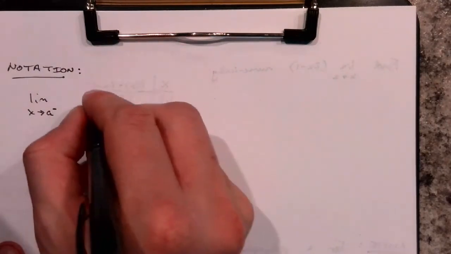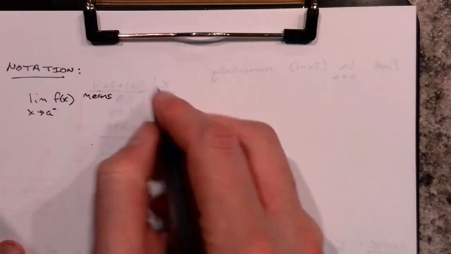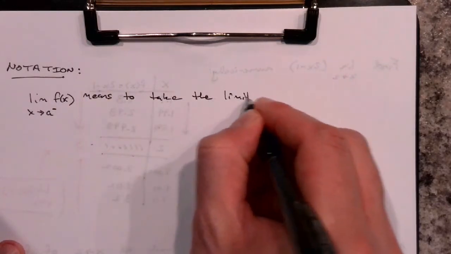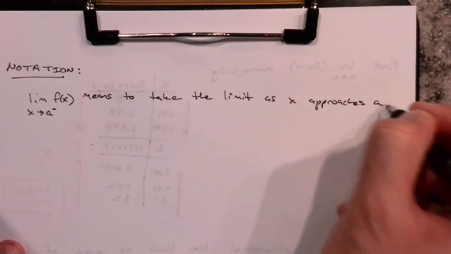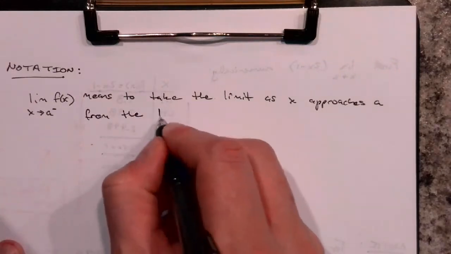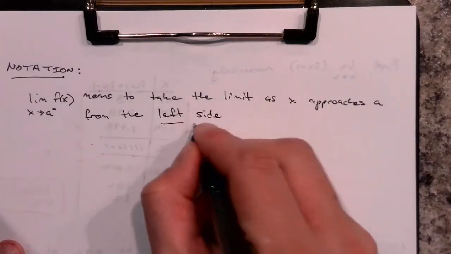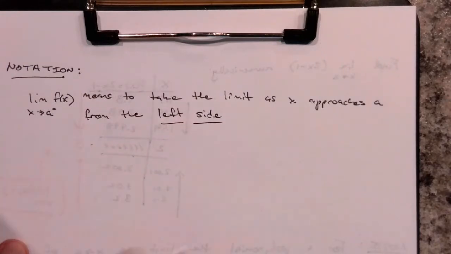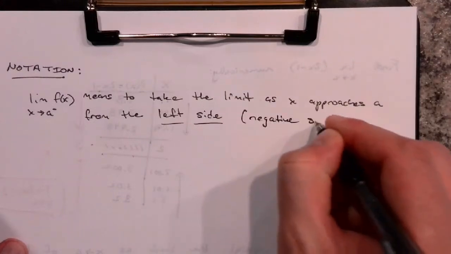So this means, of f of x, to take the limit as x approaches a from the left side. Think of it meaning coming from the negative side. It doesn't make the number negative, it's just coming from the left side of that value a. So from the left side, or, if I give it this way, the negative side.